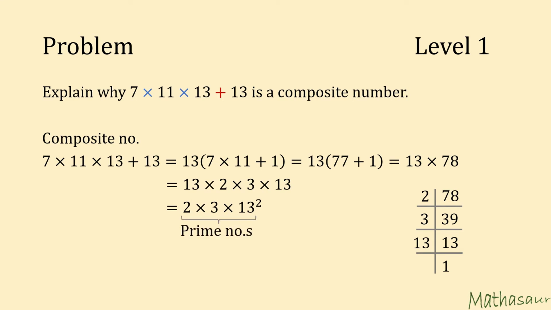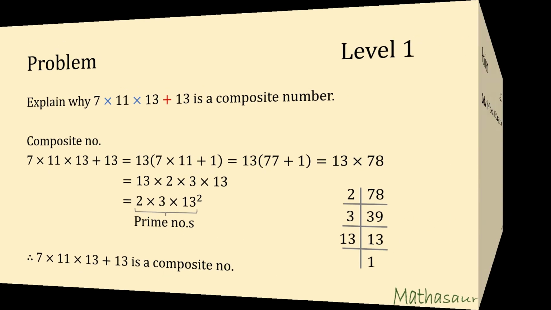Now on the left hand side we have the given composite number, and on the right hand side we have a product of prime numbers. So by the fundamental theorem of arithmetic, the given number is a composite number, or 7 times 11 times 13 plus 13 is a composite number.